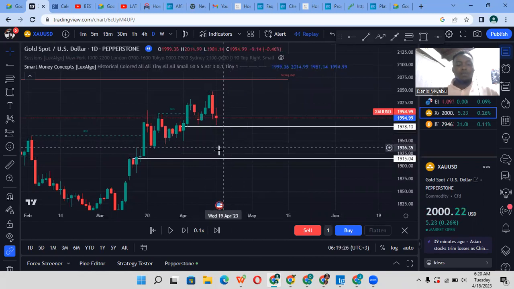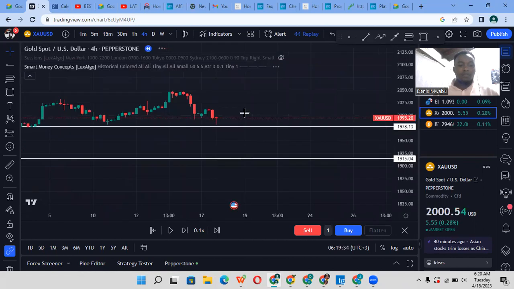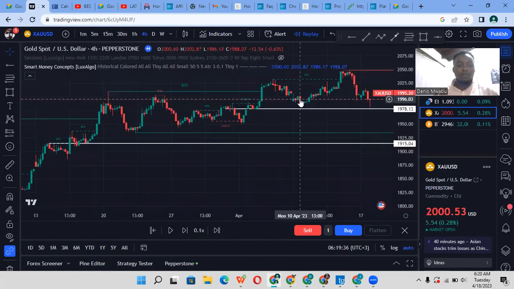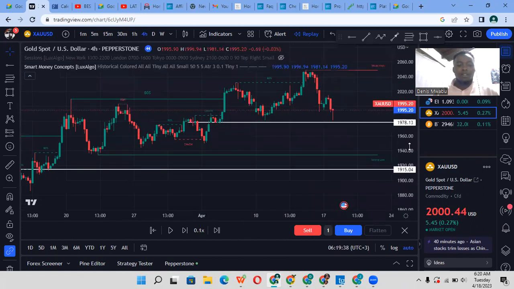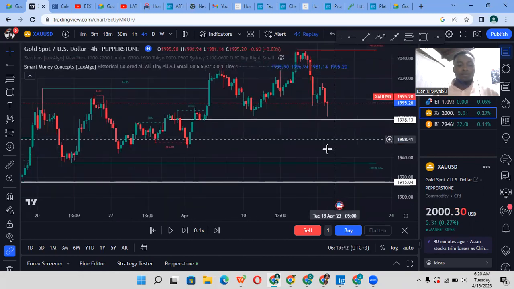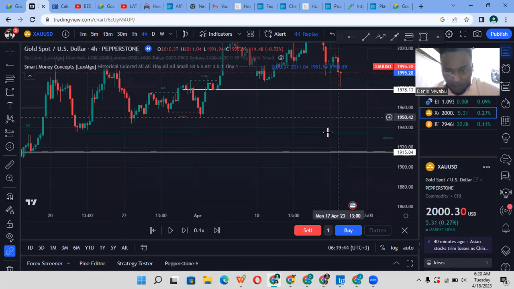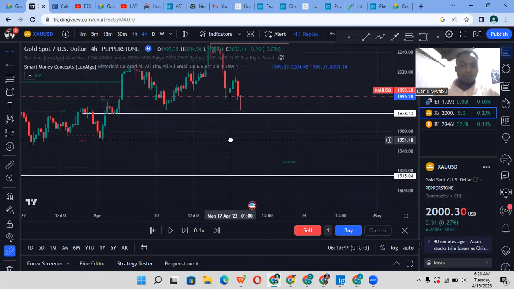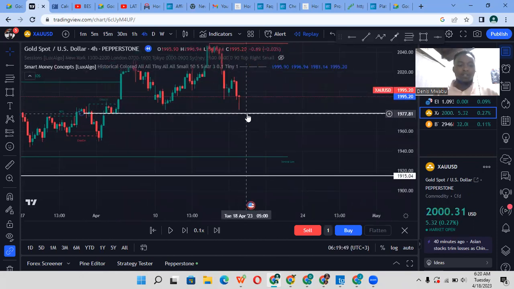Most likely, I'm waiting for gold to drop towards this level and get a reaction. So I get into the lower time frames, and remember, I've already identified that we're on a bearish move. For me to hit this target here, I'm going to expect a break of this supply.